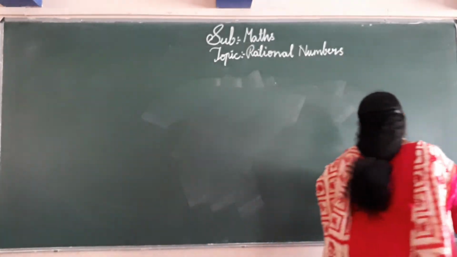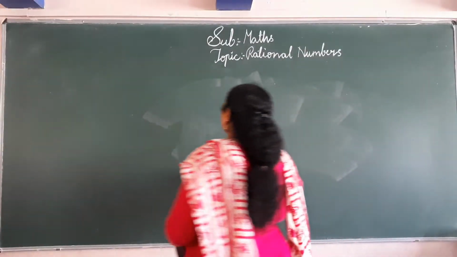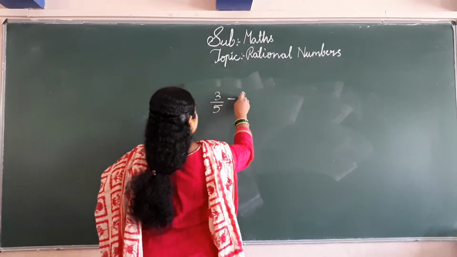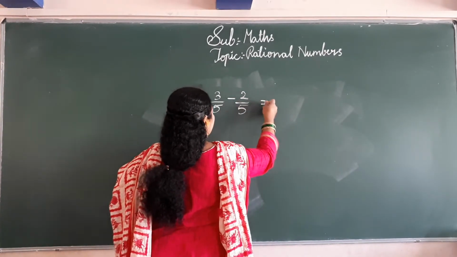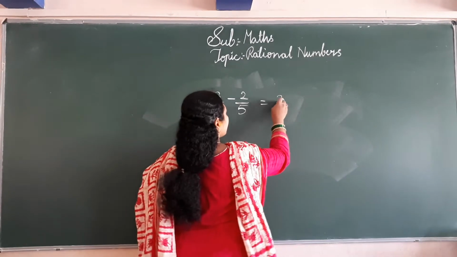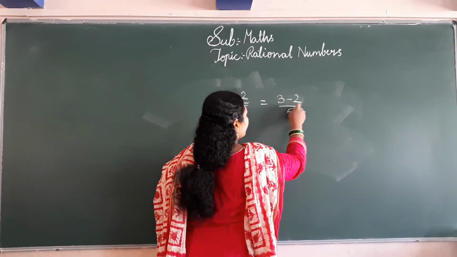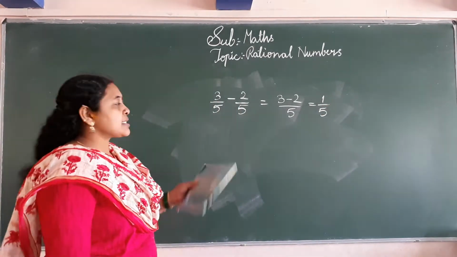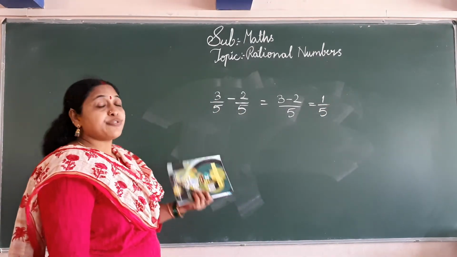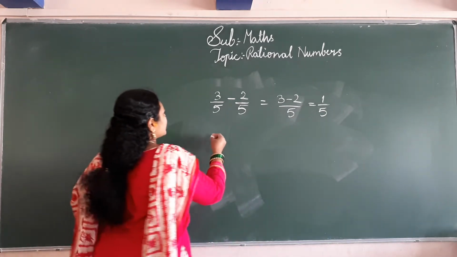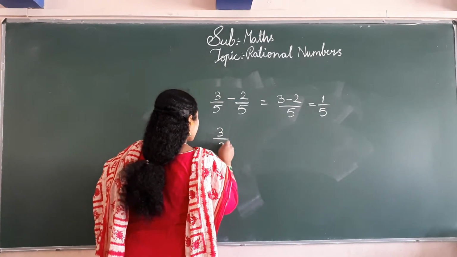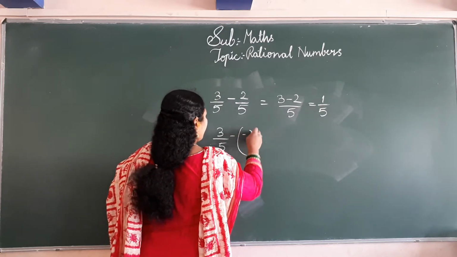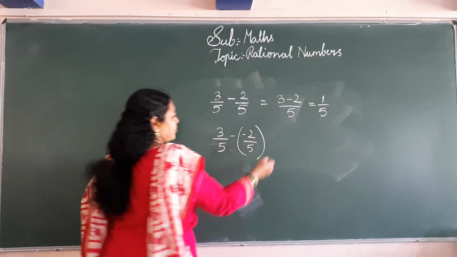Now, let us look into subtraction. Let us take 3 by 5 minus 2 by 5. How do we subtract? 3 minus 2 by 5, which is equal to 1 by 5. This is the subtraction format for fractions. Now, when it comes to negative numbers, 3 by 5 minus minus 2 by 5.